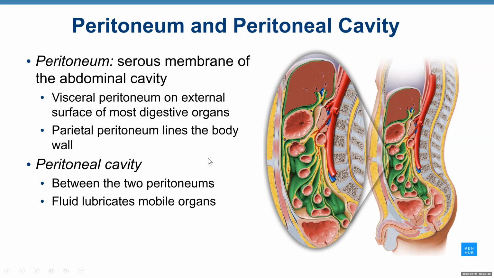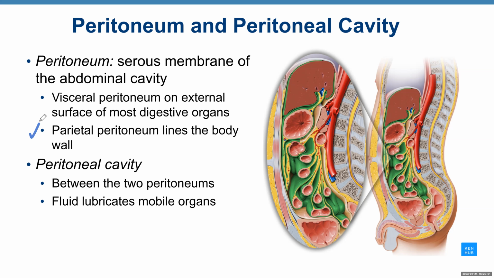Peritoneum is a serous membrane of the abdominal cavity. And as any serous membrane, it has two layers: visceral peritoneum on the external surface of most digestive organs. Shown here, all peritoneum here shown in green color. So for example, this green structure covering liver or stomach or small and large intestine, that's a visceral peritoneum.